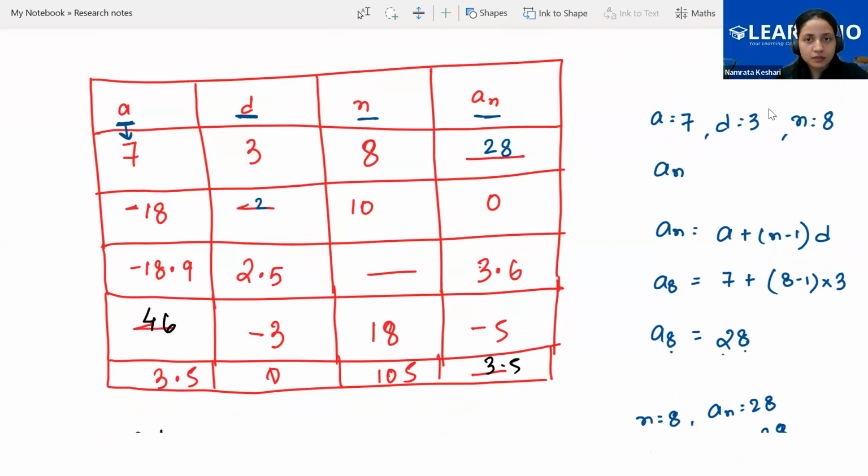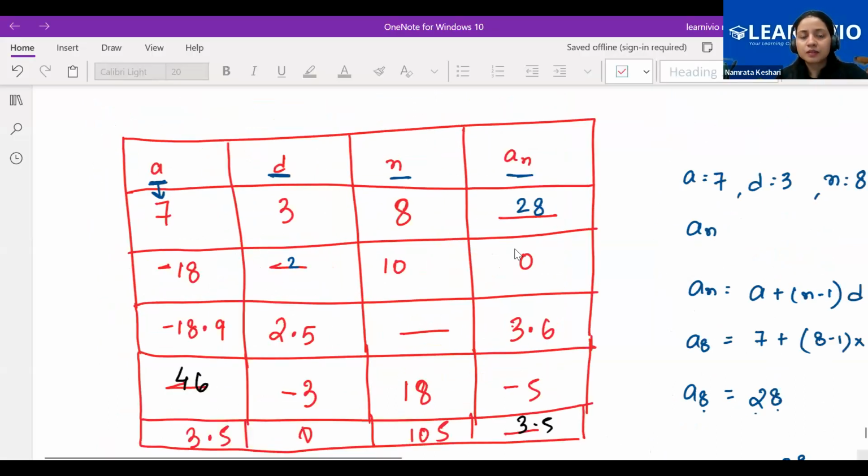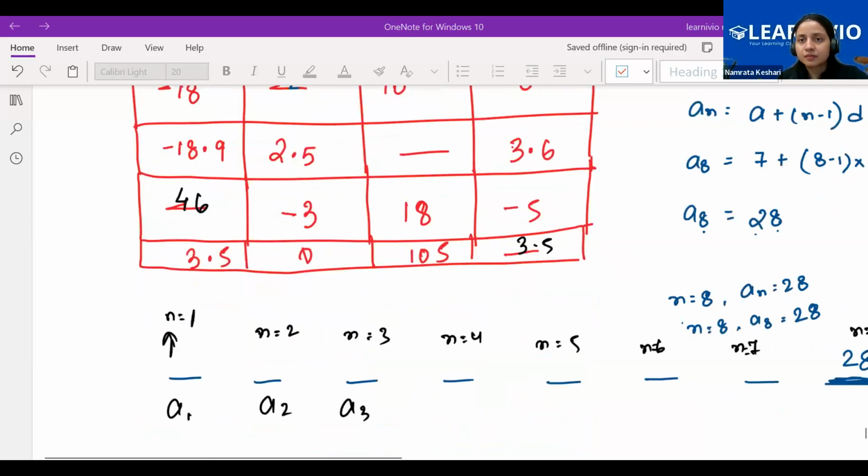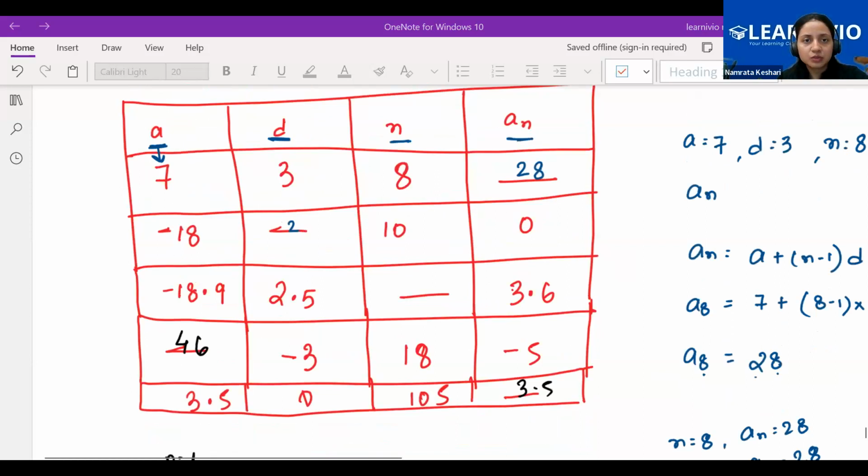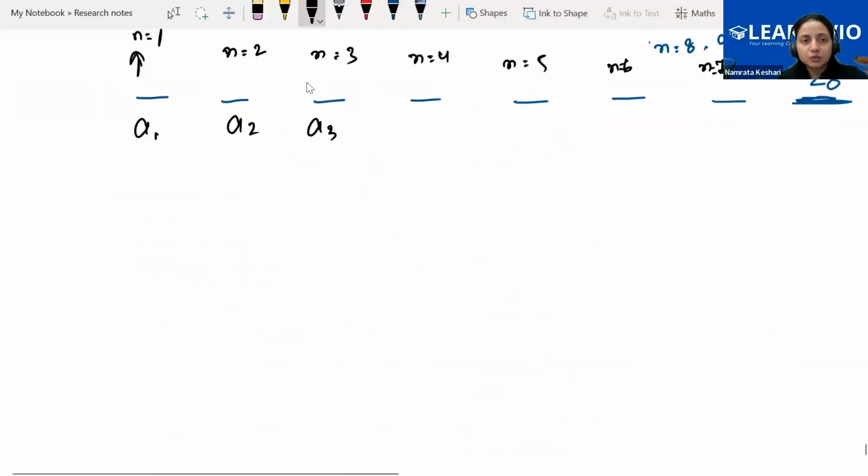Just a second. Yeah, I also got the same answer, like 46 and 3.5. Okay, then let me check one by one. I wanted to do over here only, but let me do below.